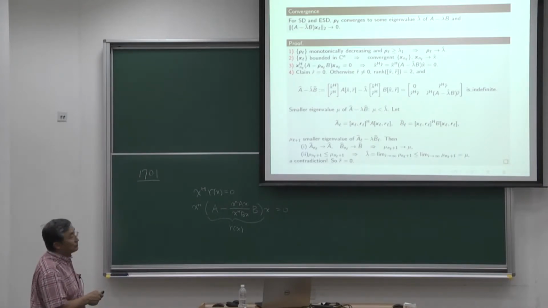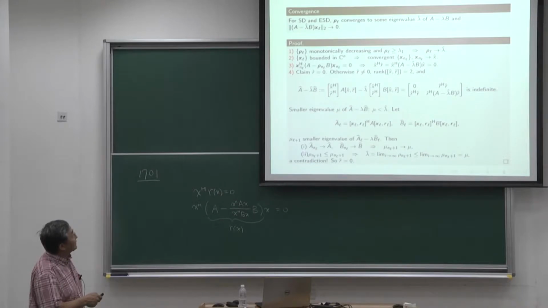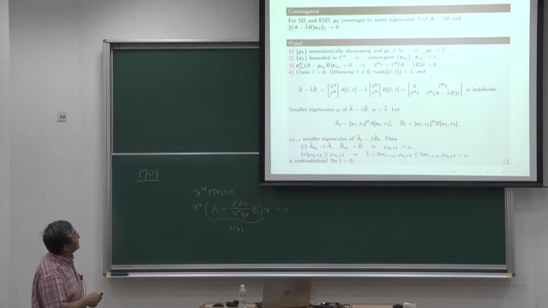Using the usual argument by contradiction, suppose r hat is not 0. Then x hat and r hat put together form an n by 2 matrix, and its rank is 2, because these two vectors are orthogonal and not 0. And if the rank is 2, then we project the original pencil A minus lambda B by this n by 2 matrix.